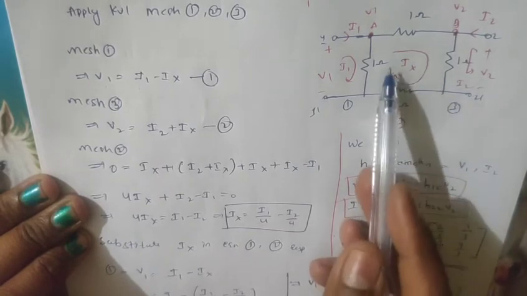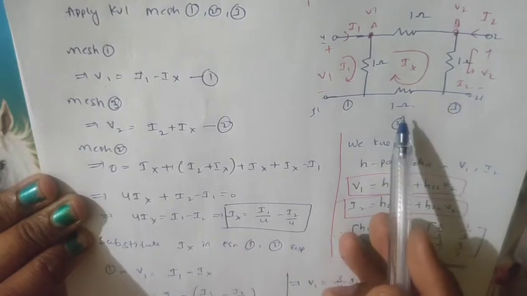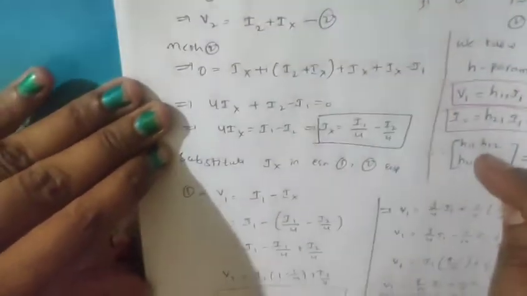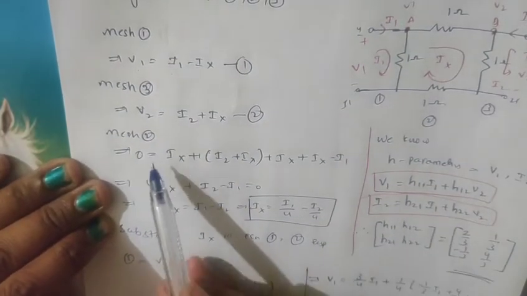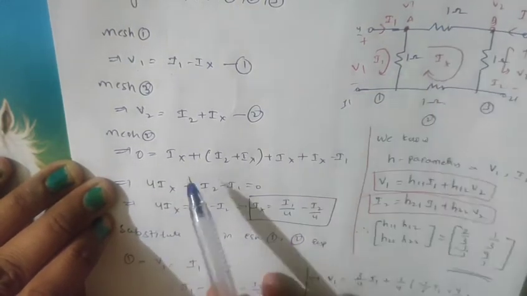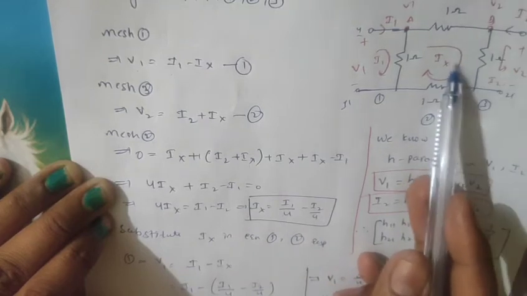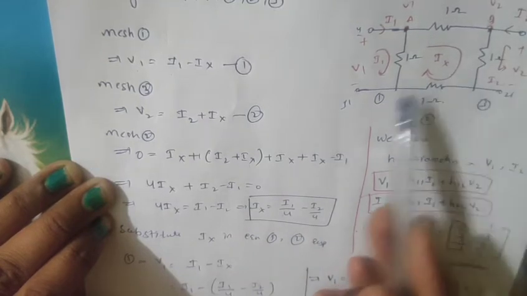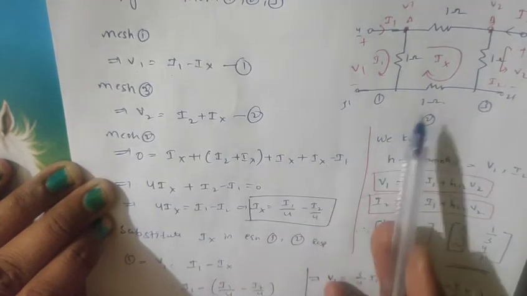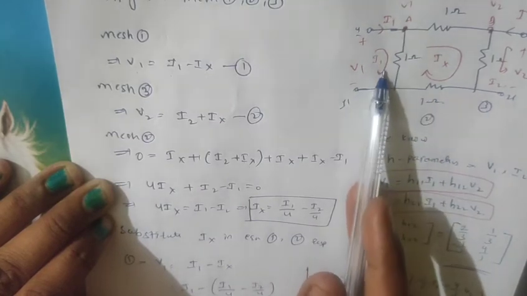It also forms one loop, so I am applying KVL to this loop, mesh 2. The voltage across it is equal to 0, which is 1 into Ix, plus 1 into the combination of two currents, I2 and Ix, that is I2 plus Ix, plus 1 ohm into this Ix current, plus this 1 ohm into Ix minus I1, because Ix is the entering current and I1 is the exit current.